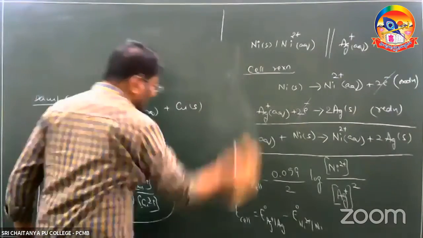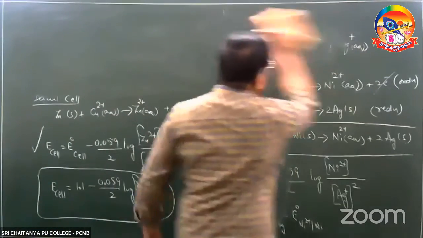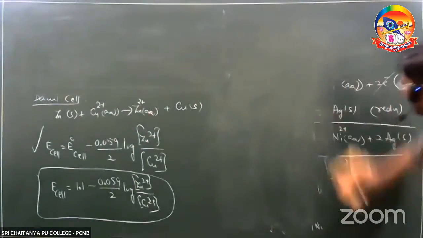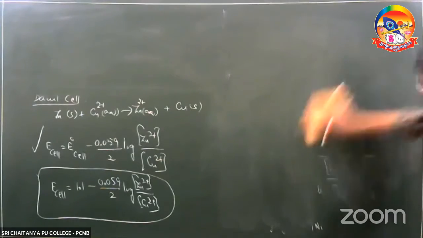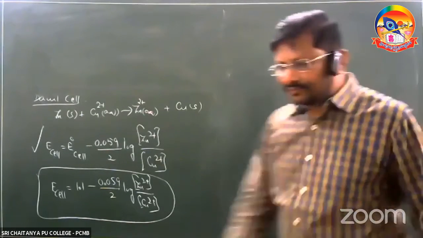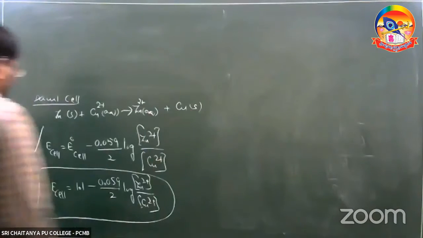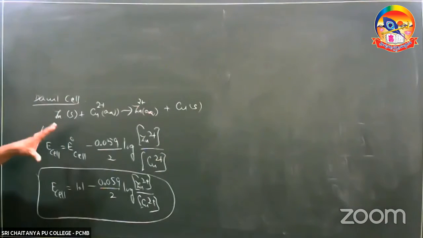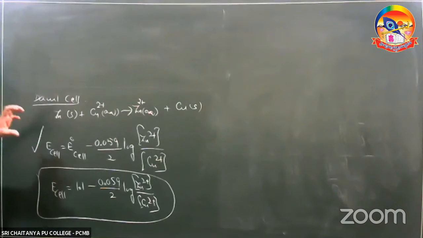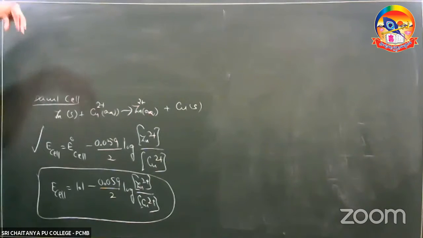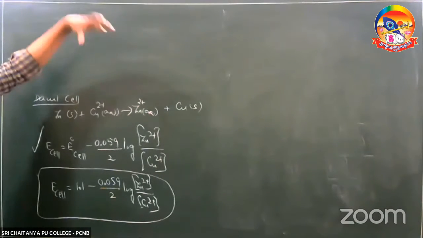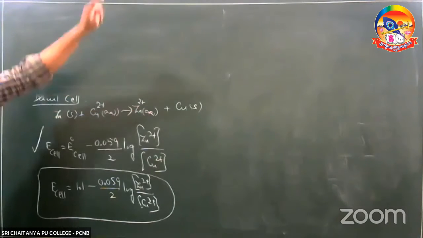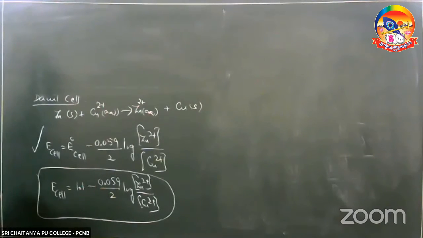Here, one important theory mode question is there. When you observe the construction of the Daniell cell, what do you observe? Anode, LHS, zinc rod is dipped in zinc sulfate, copper rod is dipped in copper sulfate.